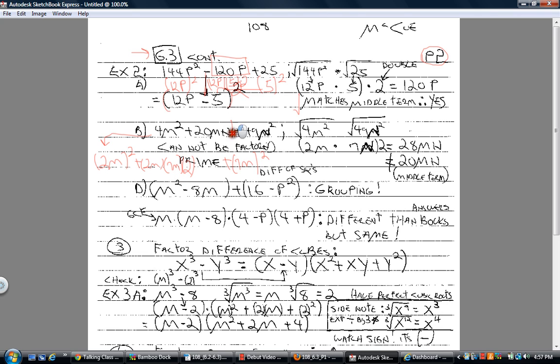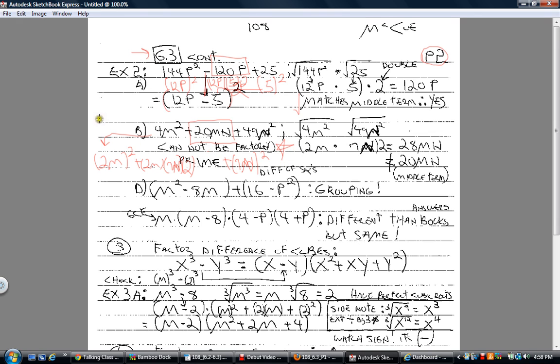Does that equal 20? Oh, excuse me, class, that's an n. Can you double it and come up with the middle term? 2 times 7 is 14 times 2 is 28mn. That does not equal the middle term, therefore it cannot be factored. Okay, there's an example there.